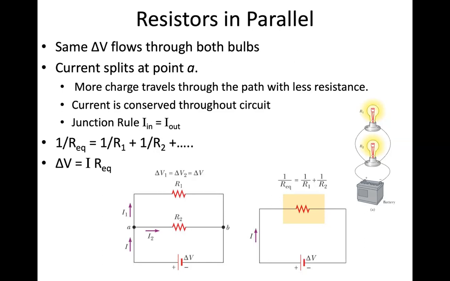So for resistors in parallel, it is a 1 over summation. The resistance is going to decrease. The equivalent resistance is going to be smaller than each of the resistors that I started with.